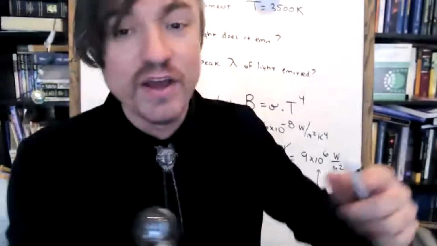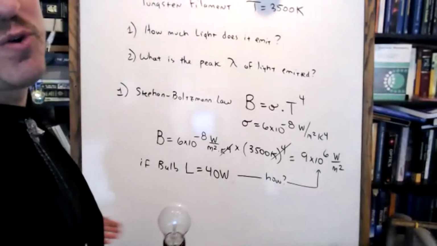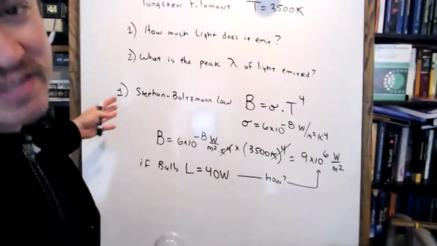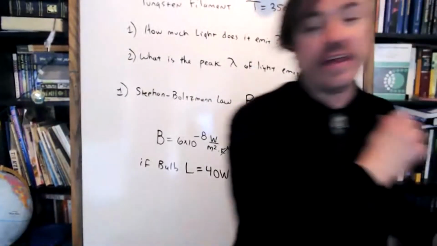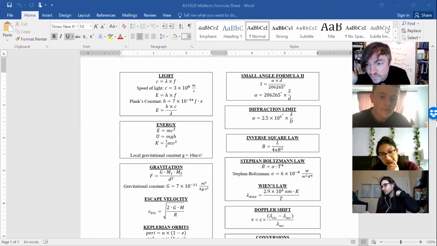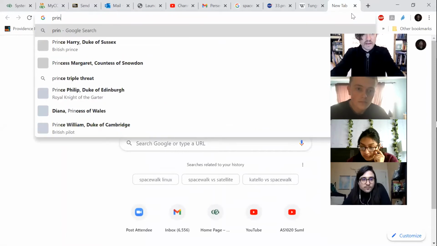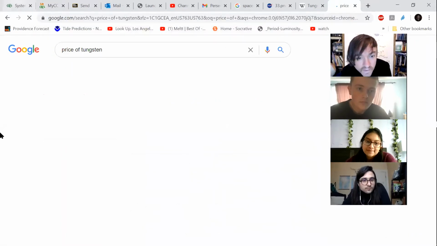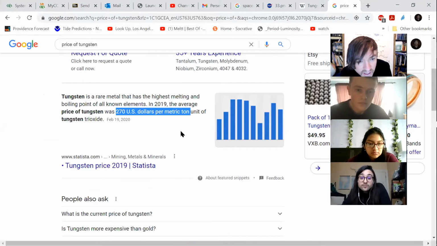Let me put it a different way. Suppose I could buy from some industrial company a full square meter worth of tungsten. It would probably cost like $1 million or something outrageous. I'm assuming that it's expensive, but what do I know? What if, just for fun, the price of tungsten. Could I just look that up? $270 per metric ton.